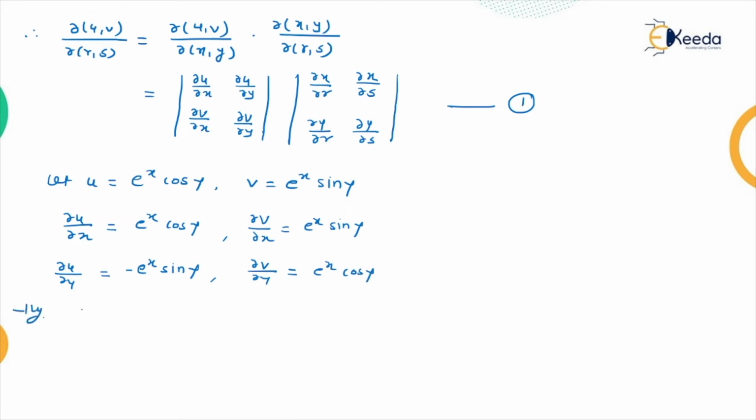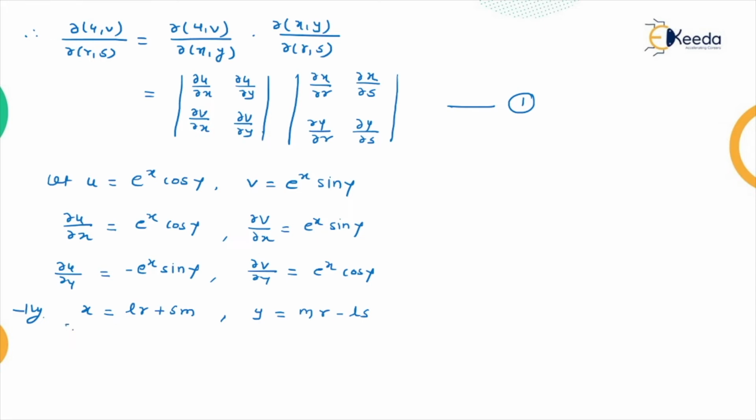Similarly, x is given as lr plus sm, and y is mr minus ls.